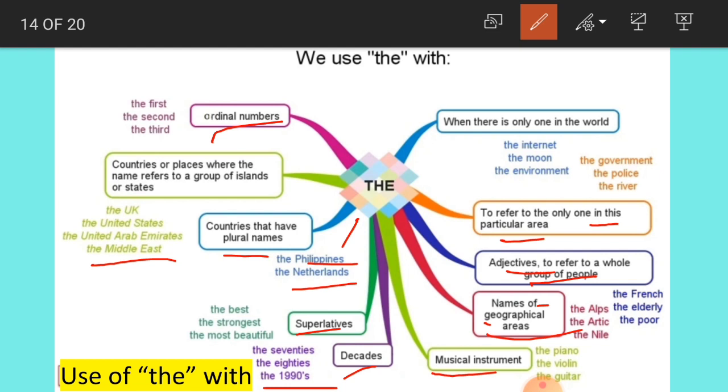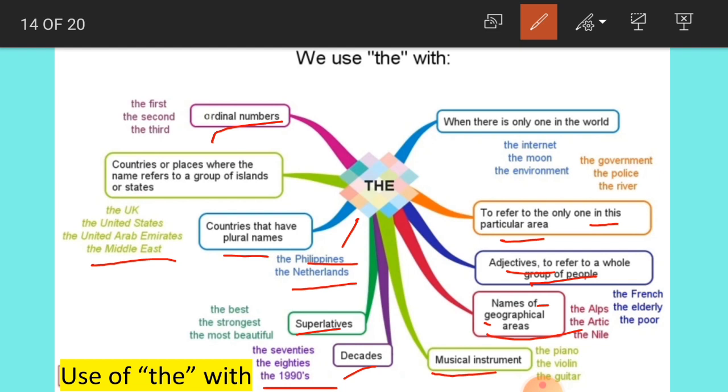And where there is only one in the world, like the sun, the moon, the earth, children.